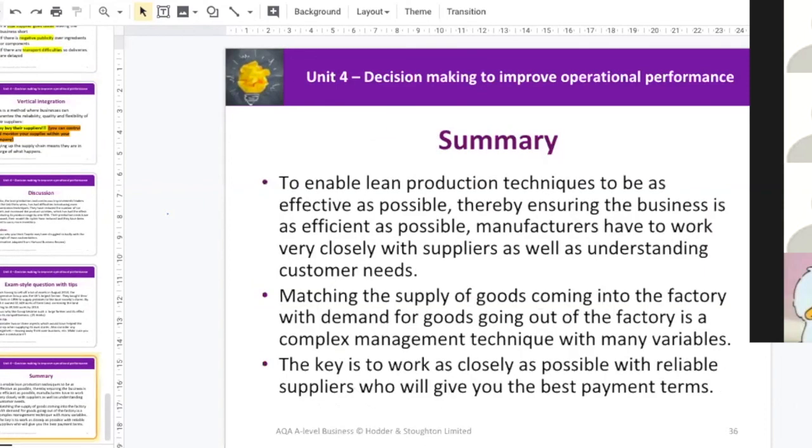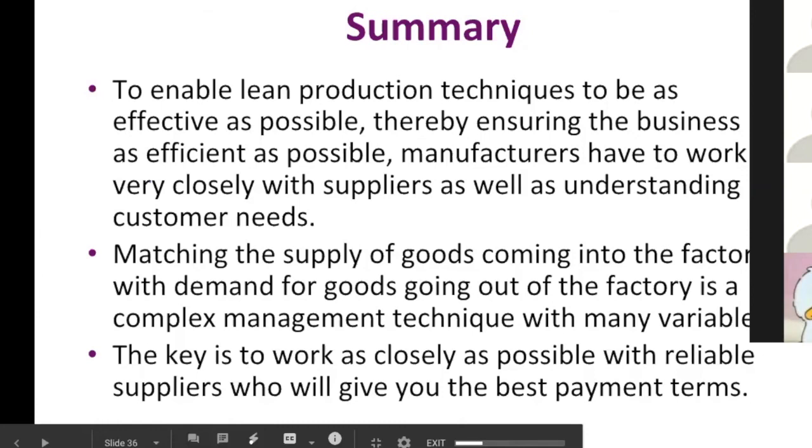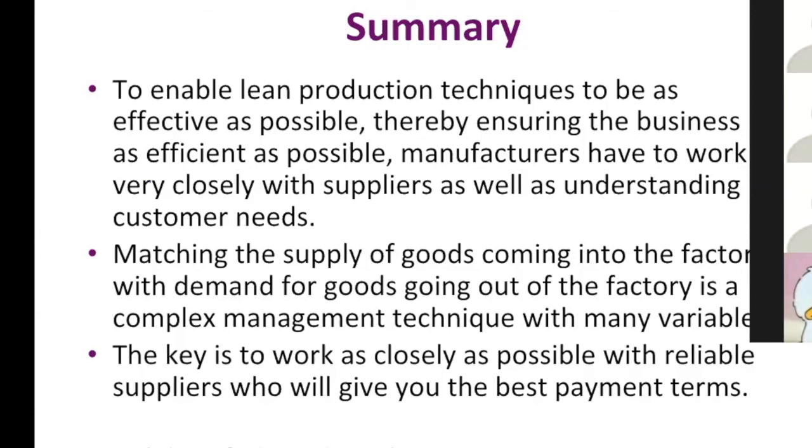Okay, now summary. First point, Simona, can you quickly read out the summary? To enable lean production techniques to be as effective as possible, thereby ensuring the business is as efficient as possible, manufacturers have to work very closely with suppliers as well as understanding customer needs.